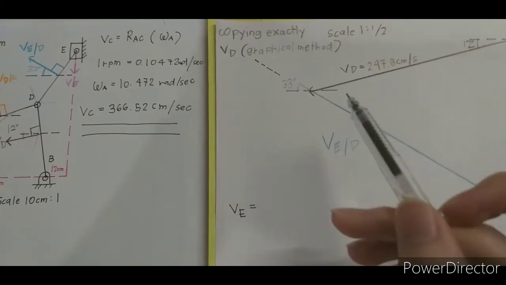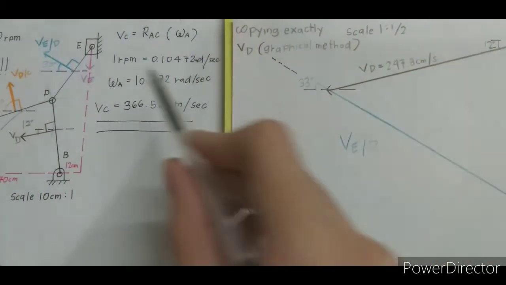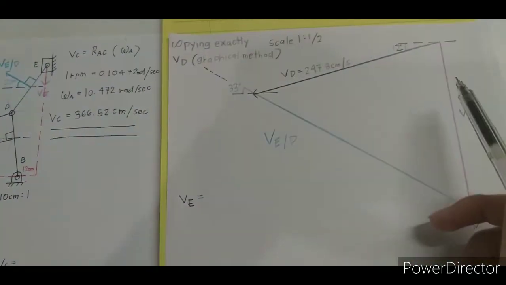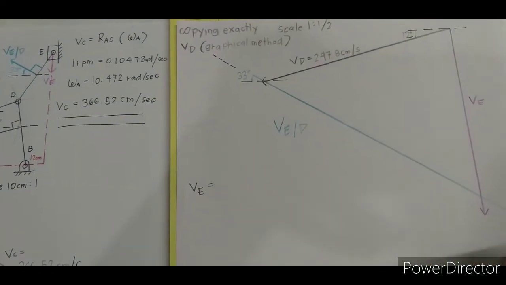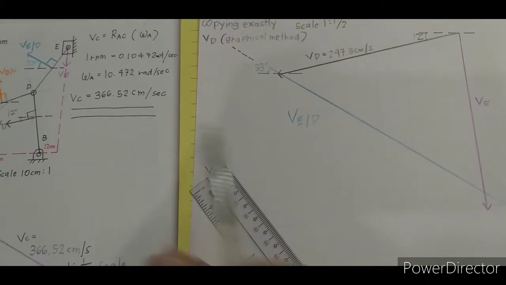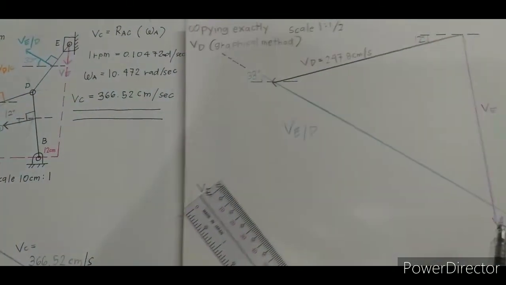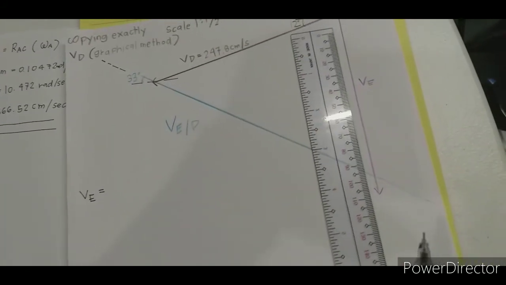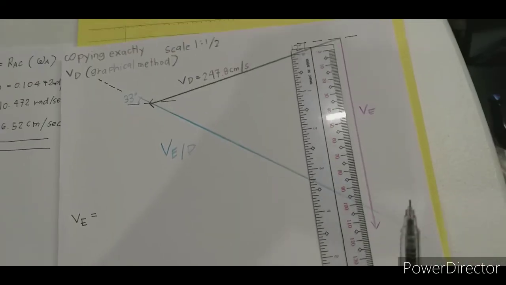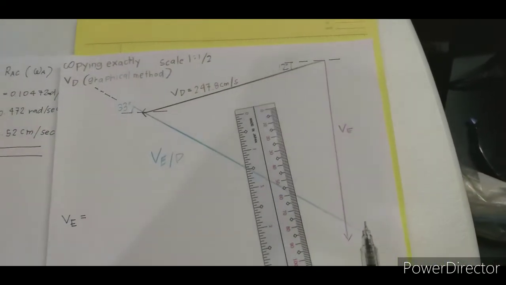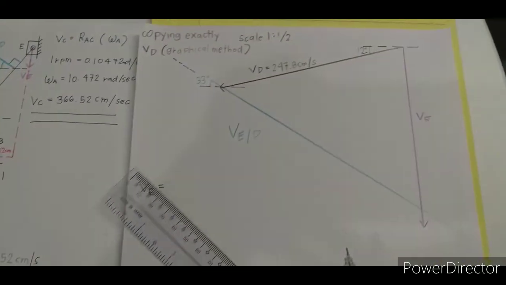Now that we've copied exactly the angles present within the given mechanism and projected them successfully, we can now do the final step in finding the instantaneous velocity of E in the mechanism. Now we find where it intersects and then we measure it, and it's around 104.3.